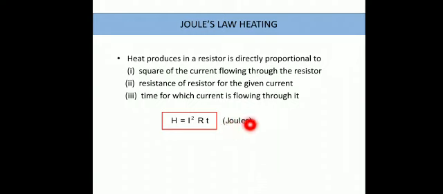There is a mistake here. I have made this mistake intentionally so that you will understand. Whenever writing units based on the name of a scientist, the first letter of the name should be small. For example, if you are writing newton, the first letter should be small n. But instead of using the entire name, if you are writing only the symbol, then the symbol should be in capitals.